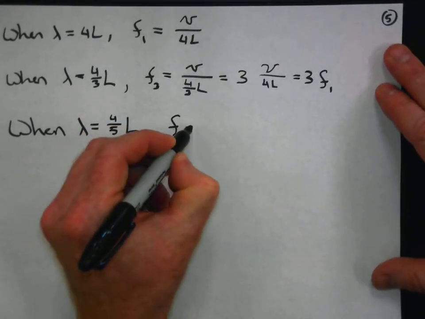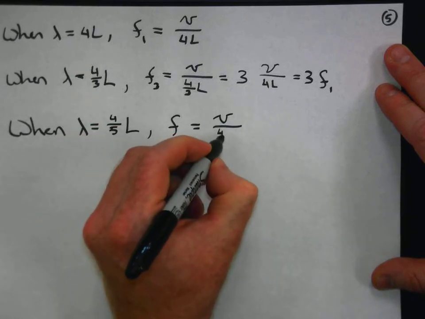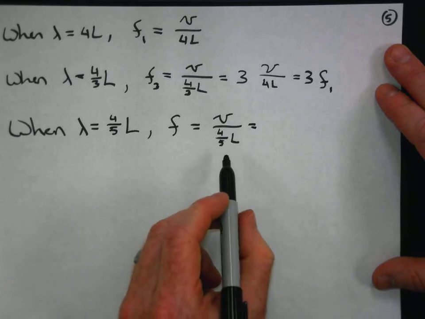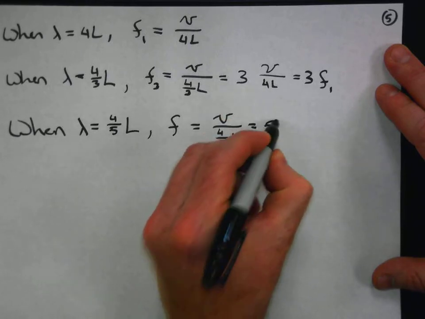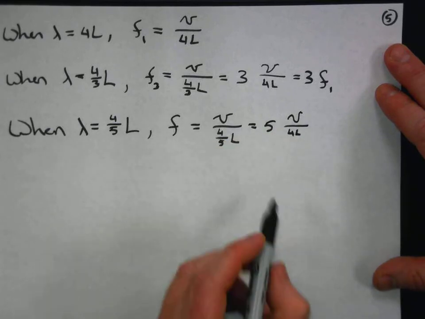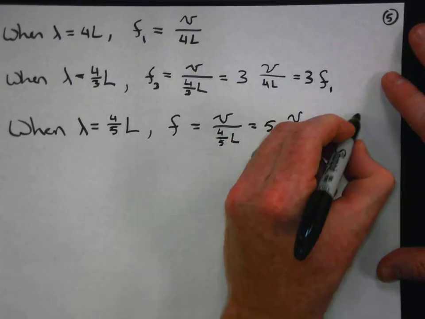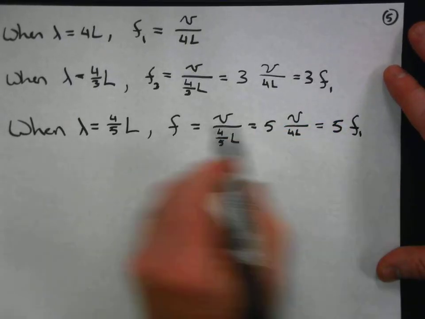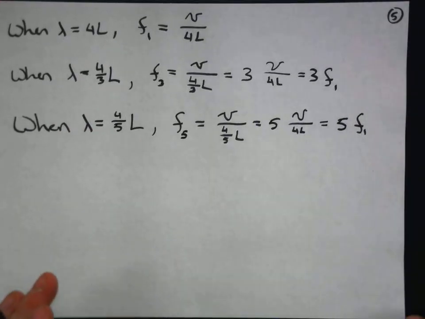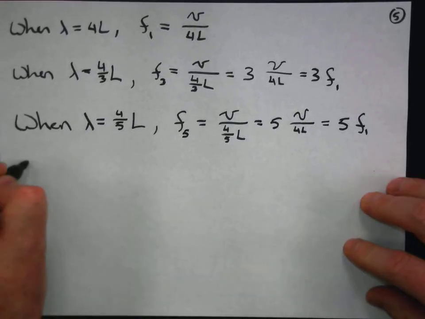This frequency is equal to, substitution, 4/5 L. So this is equal to 5 times V over 4L. There we go. 5 times that fundamental frequency. This, therefore, is the 5th harmonic, and there is no 4th harmonic with this column of air closed at one end. Interesting.